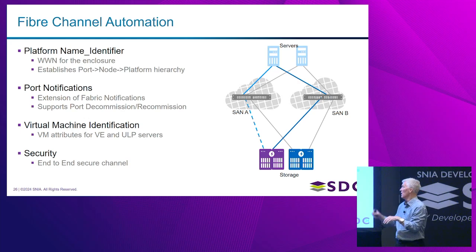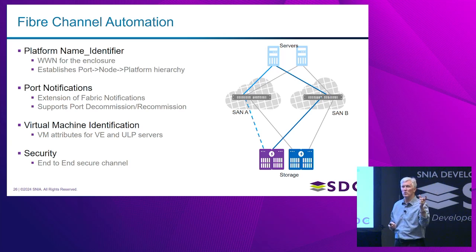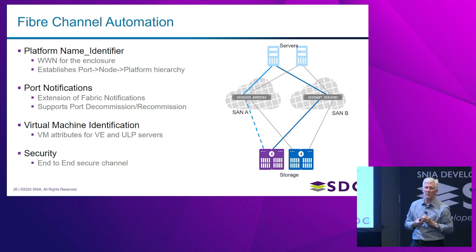The virtual machine identification functions provide that visibility, whether it's a new optional header component that tags each one based upon the VM, or a priority tagging schema that overloads the priority field in the Fibre Channel header to identify those particular VMs.